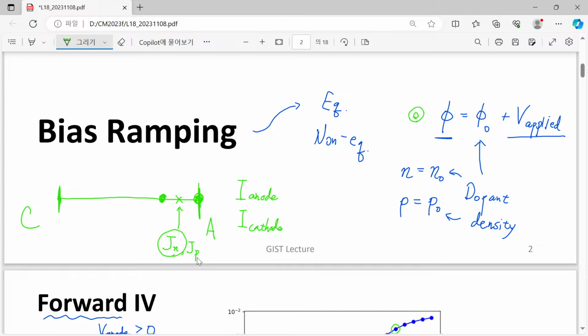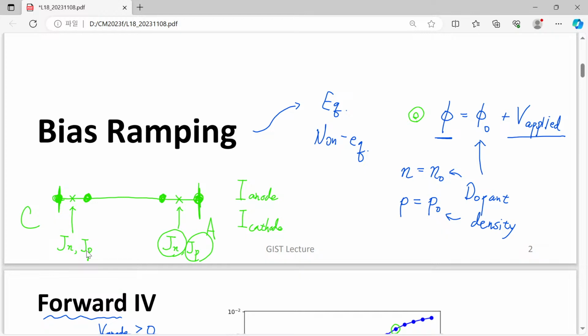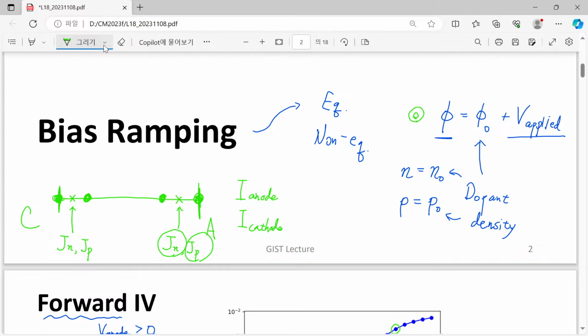Using these two values, you can calculate the anode current. Of course, likewise you have a cathode point and the nearest neighbor to the cathode, and in between we also have an edge. For this edge, you can also find Jn and Jp. Then sum them all and multiply by the area of your p-n junction.